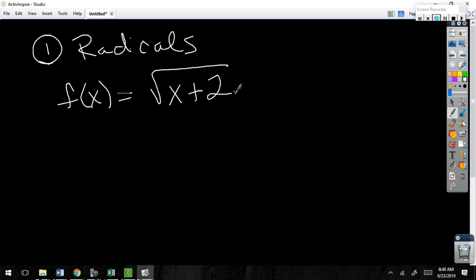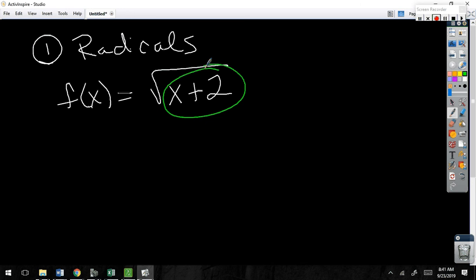As I look at this to find the domain, here's the way we do domain. We always assume domain is negative infinity to infinity, and then we look at what it can't be, or what we know it has to be. So for this one, what's under the square root has to be what?